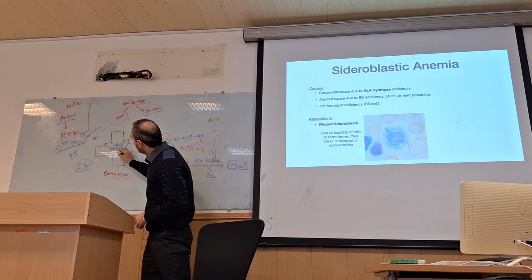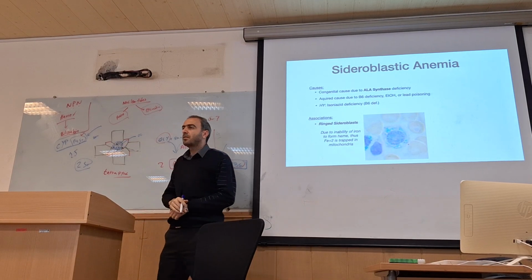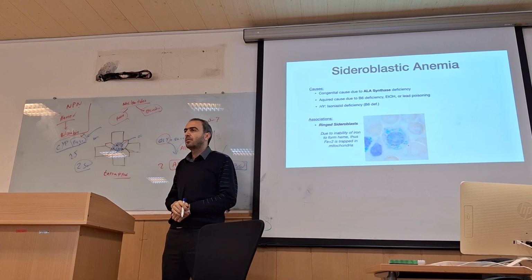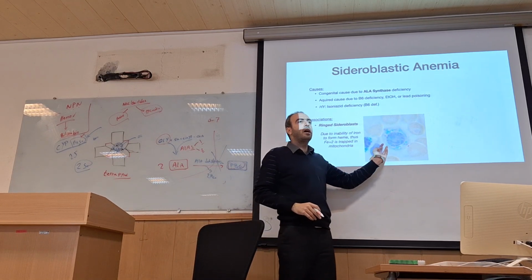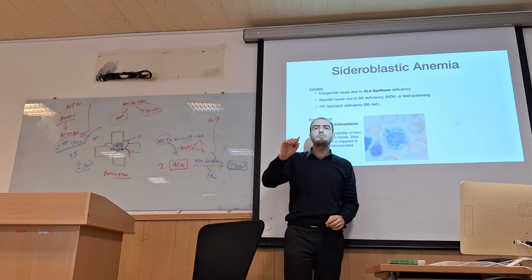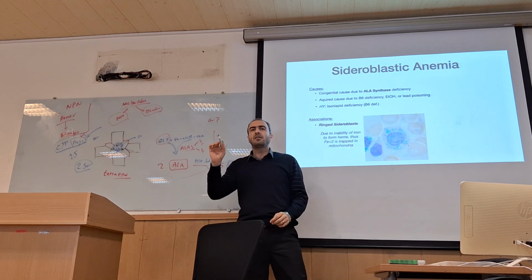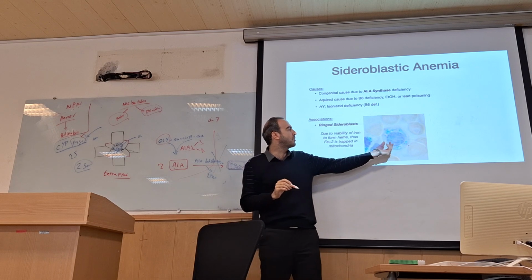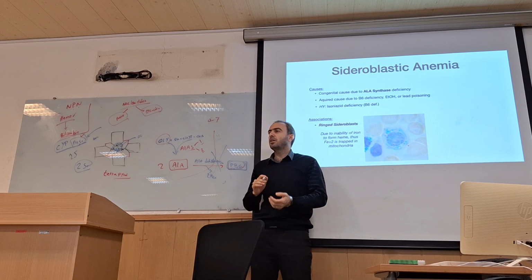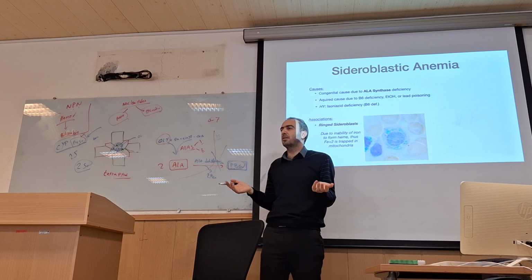So iron is accumulated. Where? In the mitochondria. When iron accumulates in the mitochondria, it creates a ring, a sideroblastic ring, which is blue. It's known as sideroblastic anemia.